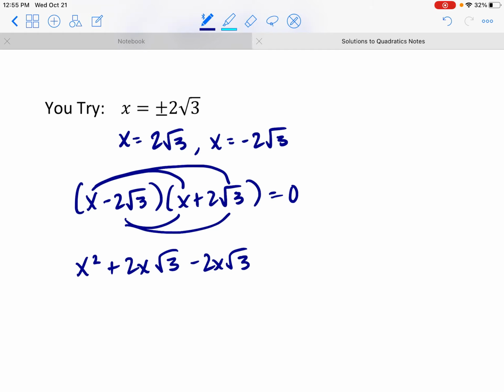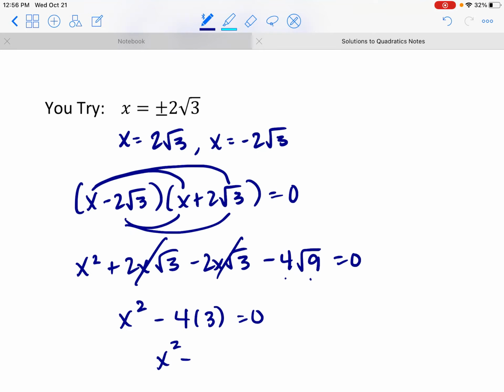And then at the end here, we get a minus 2 times 2 would be 4, and then √3 times √3 would be 3, so we get 4 times 3, which is 12. So x² minus 12 equals 0 is our equation.